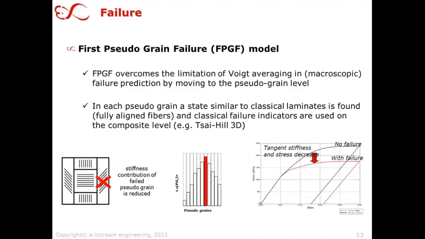You even have an influence of the failure of this pseudograin on the stiffness of the nonlinear part of the elastoplastic curve, as you see on the right side of the slide, reducing the stiffness of the curve as we go along and the pseudograins fail one by one. In this model, you set a maximum amount of pseudograins to fail until the full composite has failed. But the trick is really to go down to the pseudograin level and deduce the failure from there.